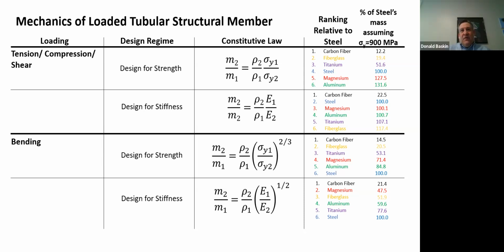If you are very certain of the loading conditions that your structure is going to live in its whole life, then you can put the fibers in the direction of those loads and take advantage of their strength and stiffness. But if you have any off-axis loading, you could be in big trouble.